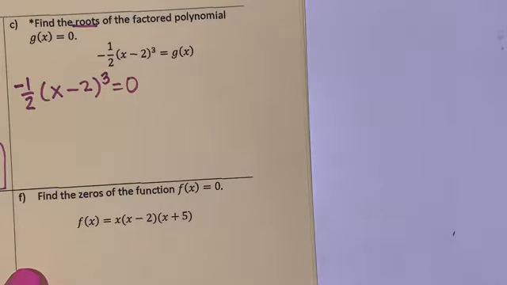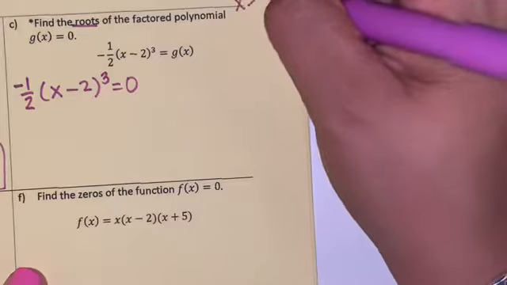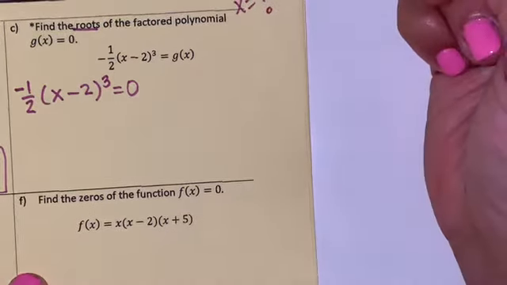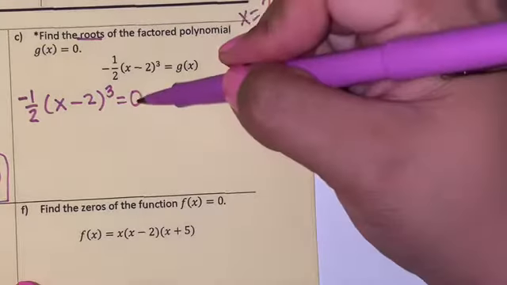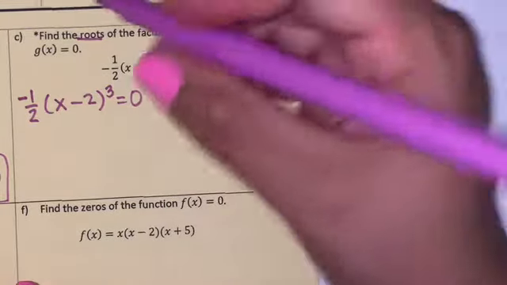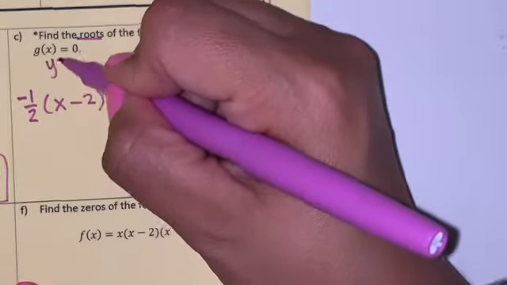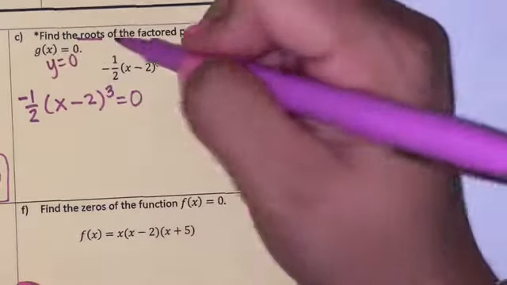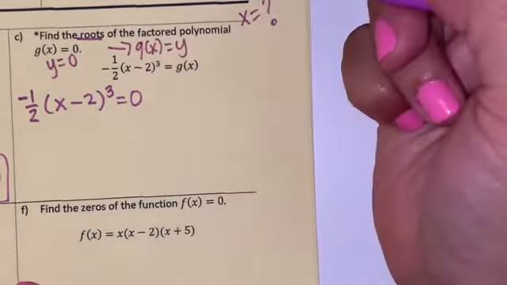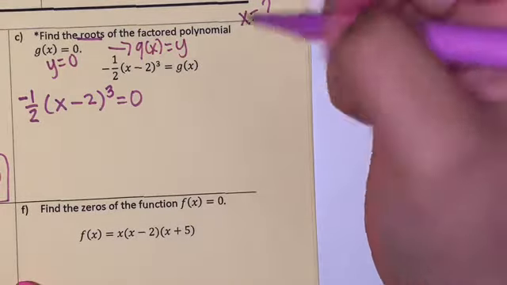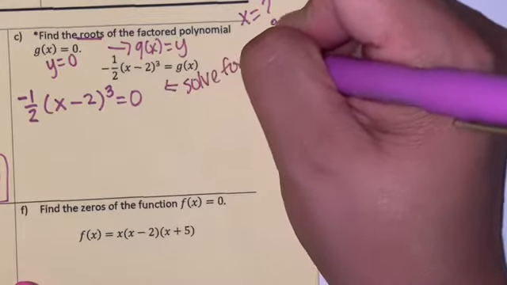If we're going to talk about roots, you're saying that x equals some number, and that's what we're trying to find. Remember, if you're saying that g of x equals 0, you're saying that y equals 0, and you're also saying that g of x equals y. So right here, we need to solve for x.